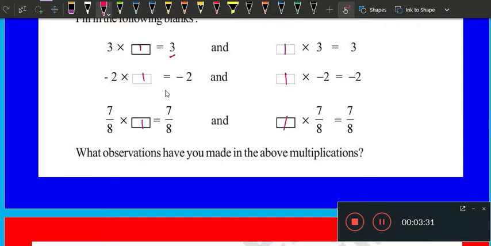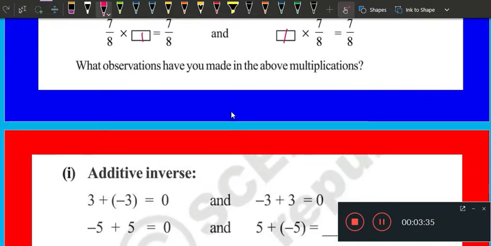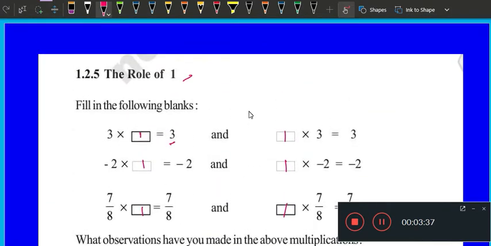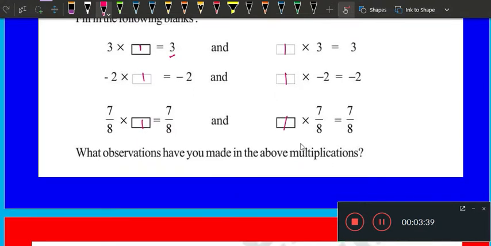Okay students, this one is called the multiplicative identity. Therefore 1 is called the multiplicative identity.